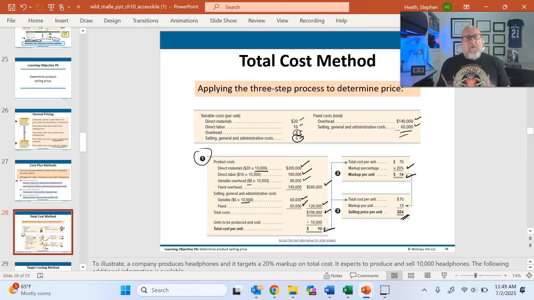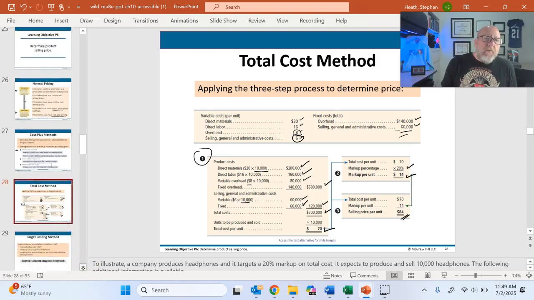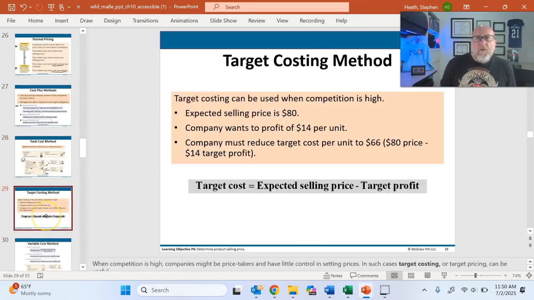That is a price setter analysis. Alternatively, we can do the target costing method. So in this particular example, what we're basically saying is, okay, we know the sale price. It's going to be $80. We have literally no control over that.